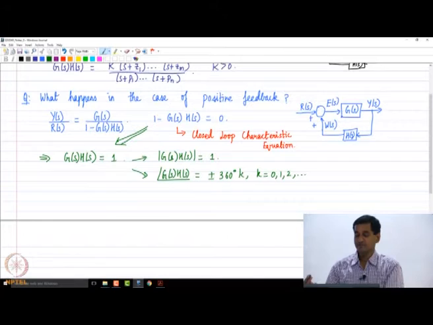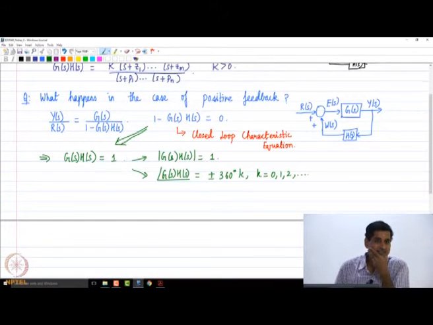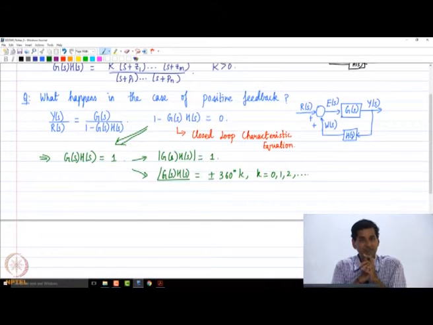One can say it is 0 degrees or 360 degrees or 720 degrees and so on, depending on how we count it. So rather than an odd multiple of pi, the angle condition is going to become an even multiple of pi. That is the main change that comes about when we have positive feedback.